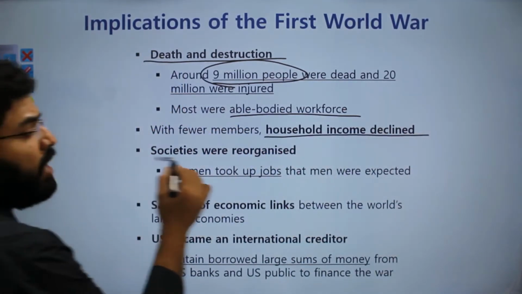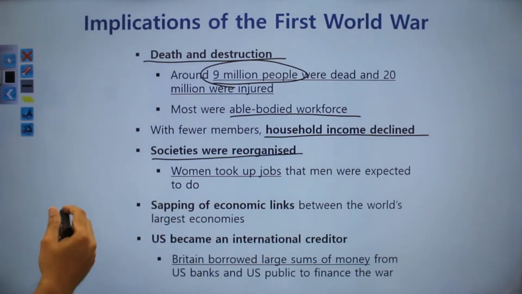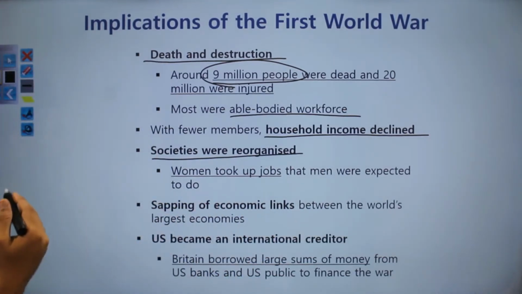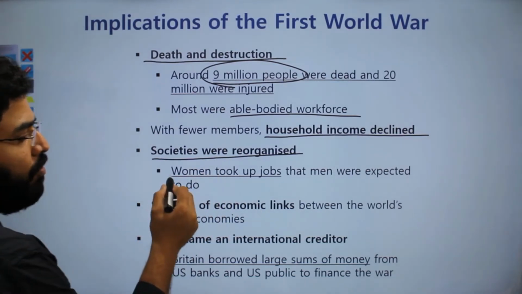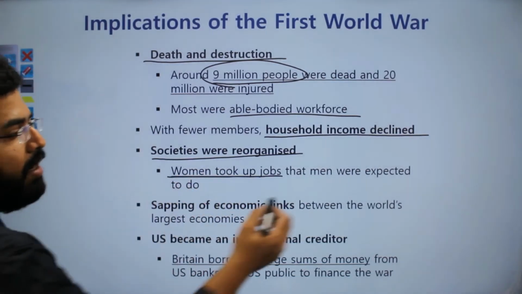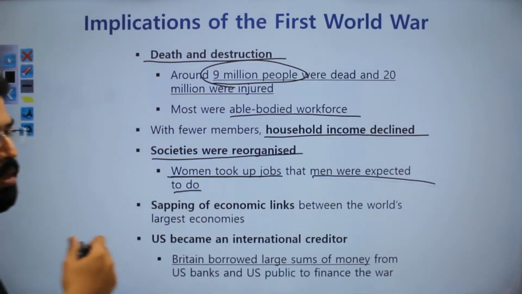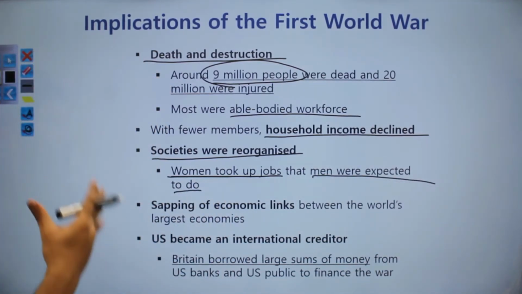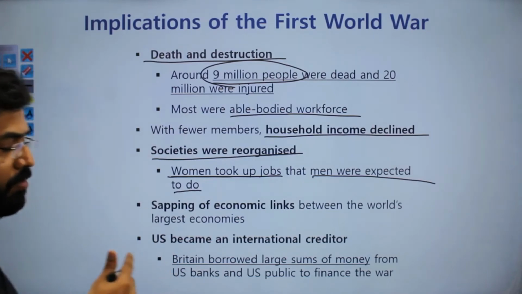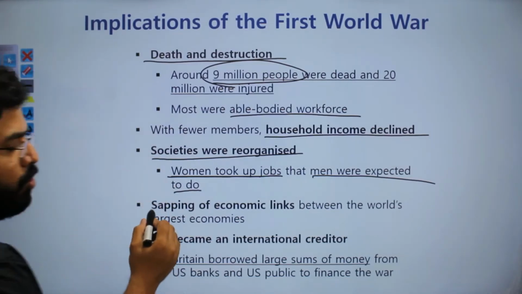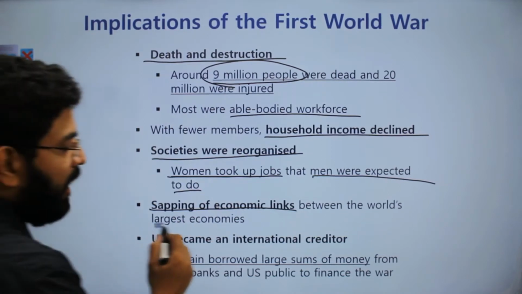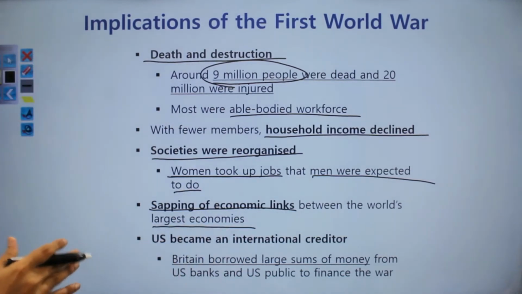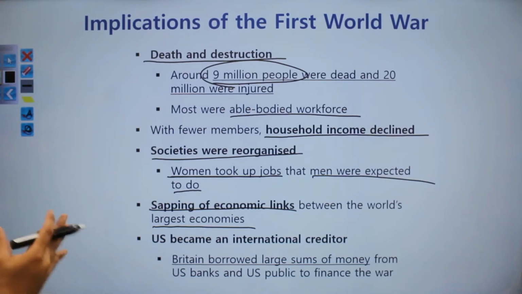Societies had to be reorganized because the men had lost their lives or become disabled, so the women in those families took up jobs that men were expected to do. This led to a sapping of the economic links between the largest economies because they had plunged into a deep war.